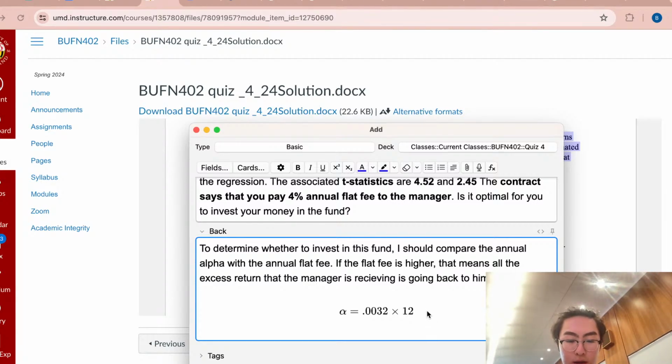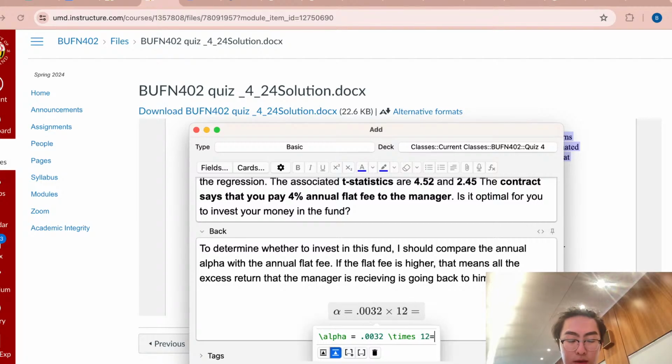So I think it's probably going to be equal to 0.0384.